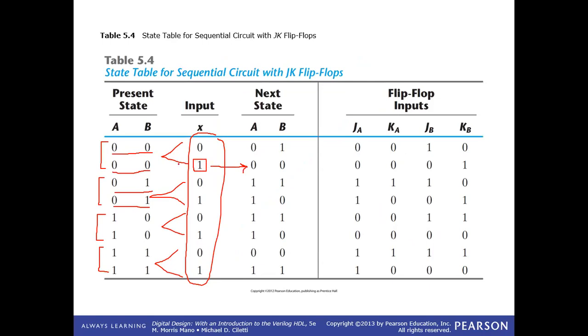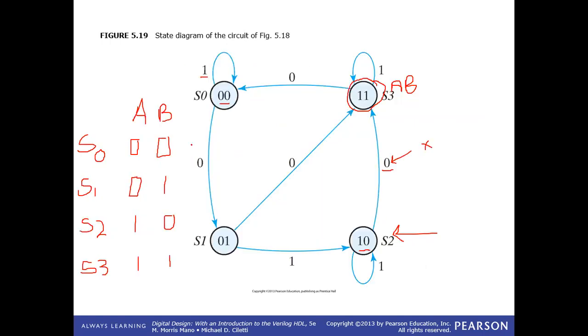Is this okay? Yes sir. Any confusion still now? No sir, but what will happen if the input is 0? Yes. If input is 0 in this case, it is going to the state 0 1.